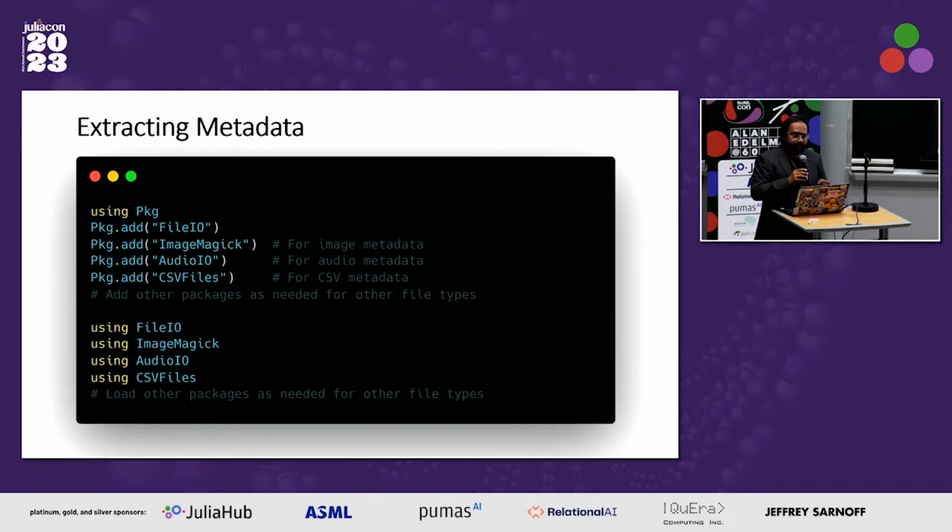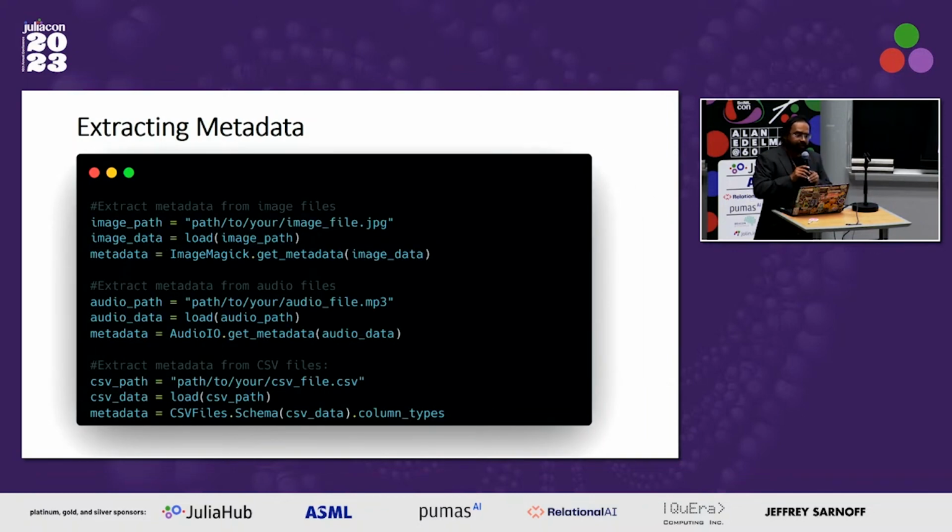Then you can import these packages with the using statement: using FileIO, using ImageMagick, using AudioIO, and using CSVFiles. Then the first thing you have to do is set the path for these different types of files, then load the file, then use the package and get the information.